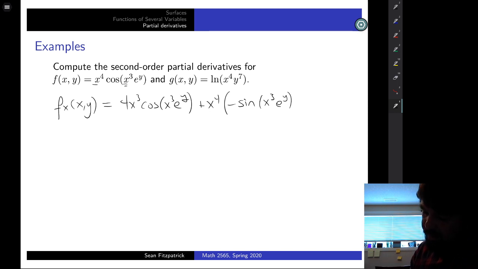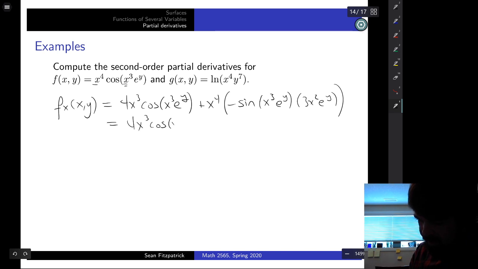We just take the derivative of x cubed, 3x squared. 3x squared e to the y. Let's clean that up. So we have 4x cubed cos of x cubed e to the y minus 3x to the 6 e to the y sine of x cubed. Okay.